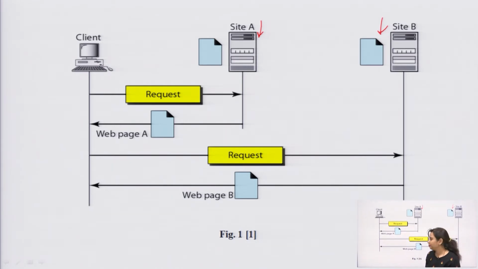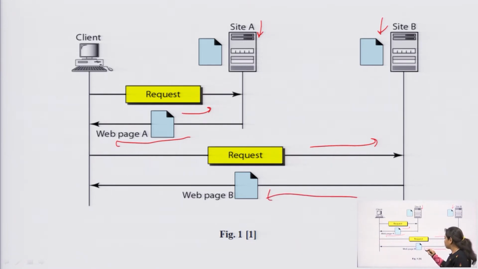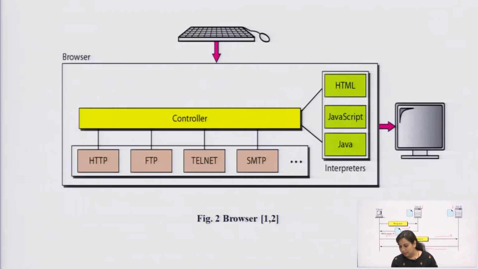So, the client raises a request to access site A, then the web page will be viewed and delivered to the client. Secondly, the client raises a request to site B, and it will be delivered from web page B to the client. This is the procedure of how the client and server work and how the web page is viewed by the client.